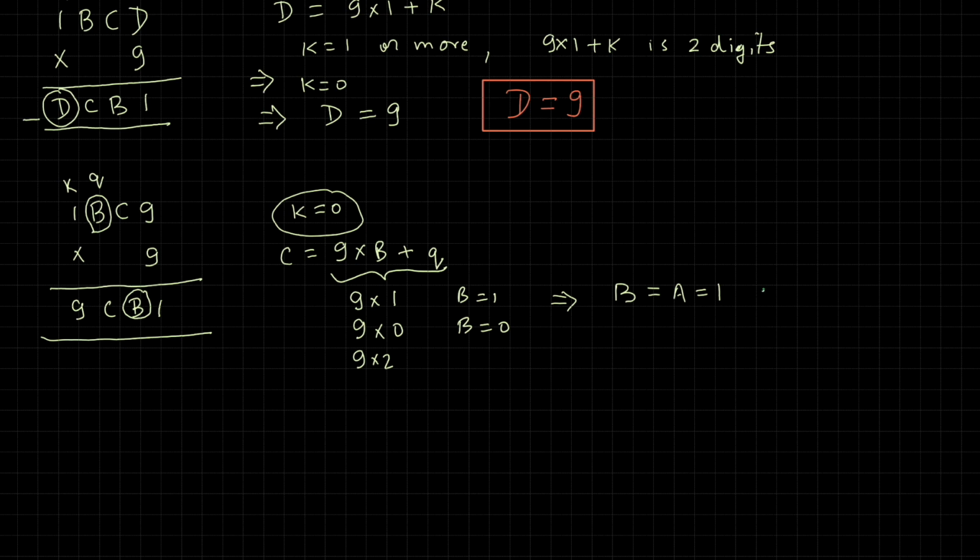And the problem tells us that A and B are distinct digits. So this is a contradiction. So B cannot be a 1. The only possibility for B is a 0. So let's write that down. We found B. B has to be 0.